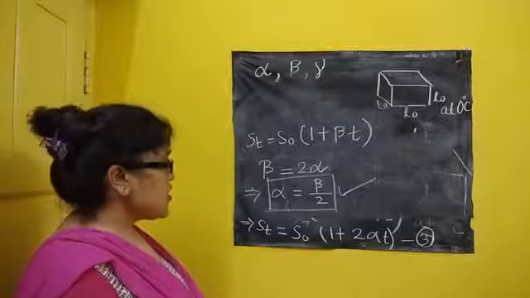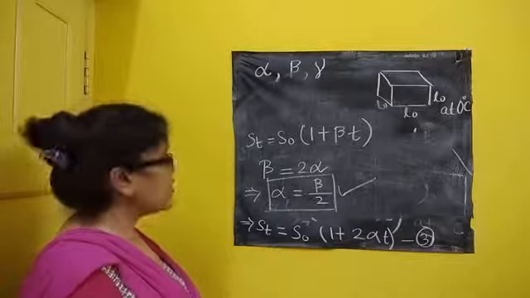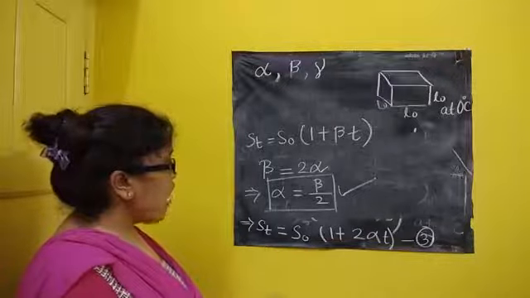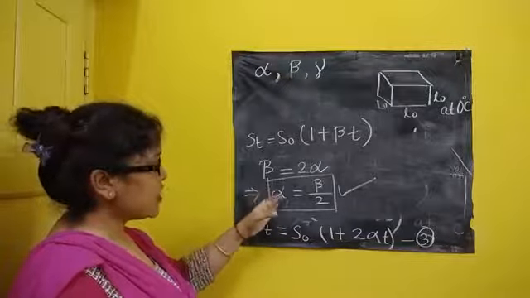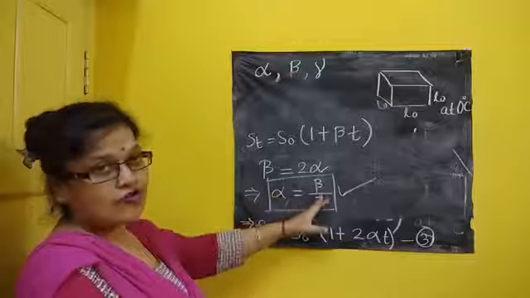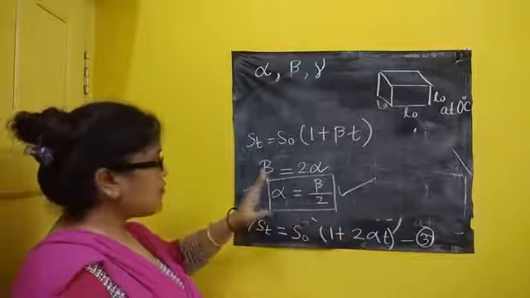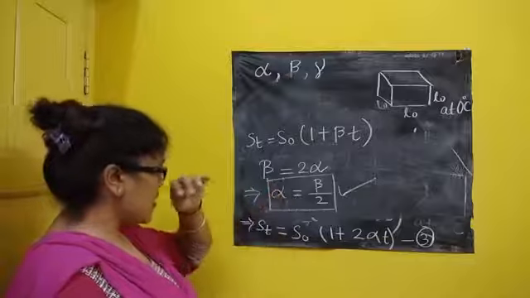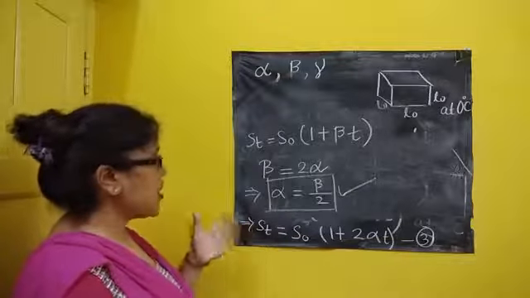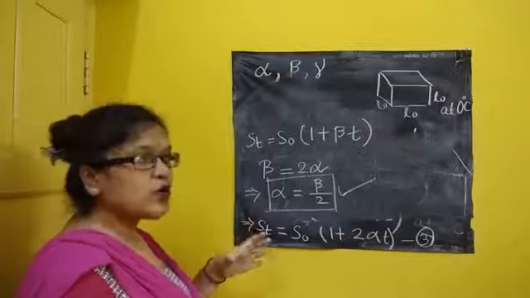If alpha is 10, beta will be equal to 20. Sorry, if alpha is 10, beta will be equal to 20.